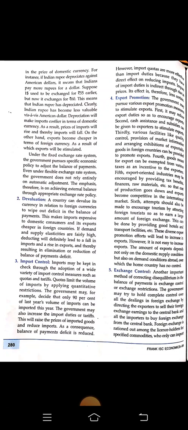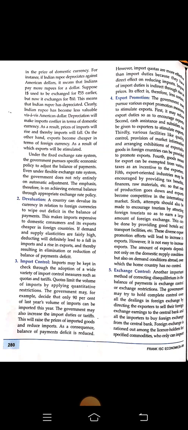Second, cash assistance and subsidies can be given to the exporters to stimulate exports. So whenever the foreign countries are coming to take something from us while we are exporting, we can give them a certain amount of rebate or discount or subsidy, so that more and more foreign countries come to take the products from us. And thirdly, various facilities like quality control.